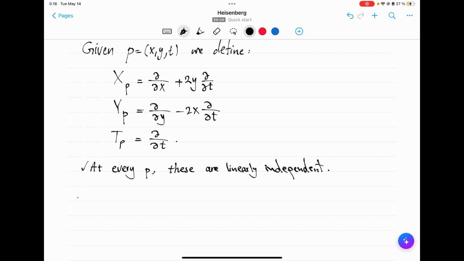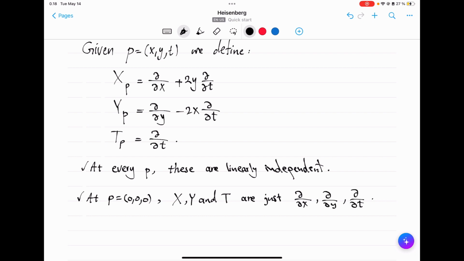Another thing we see is that at the point p equal to 0, 0, 0, X, Y, and T are just the standard partial x, partial y and partial t.